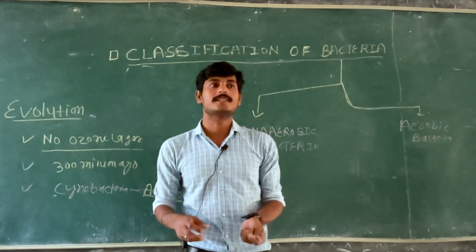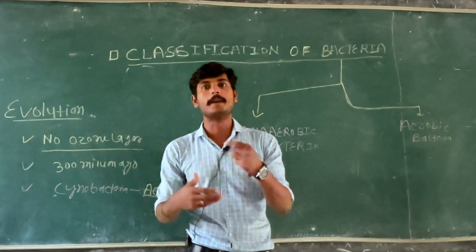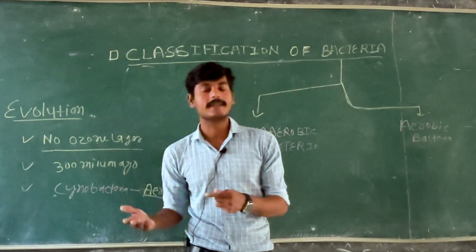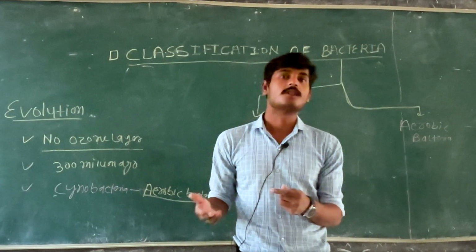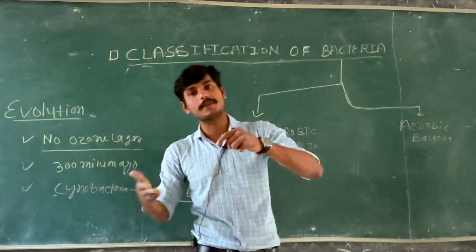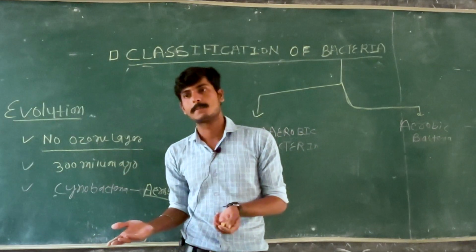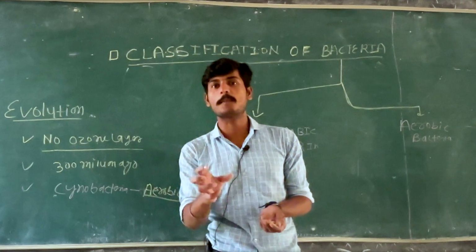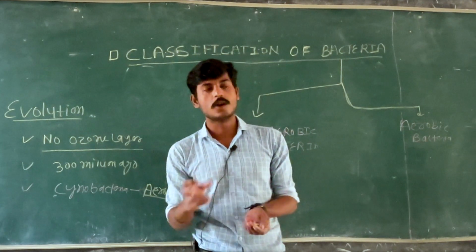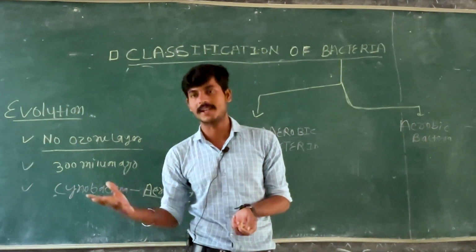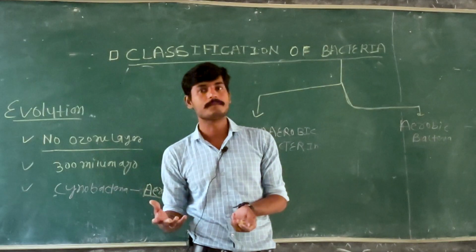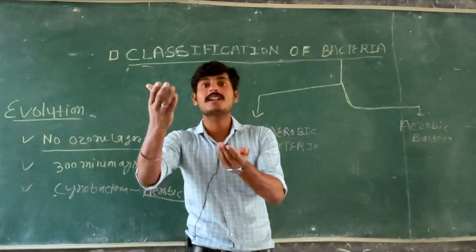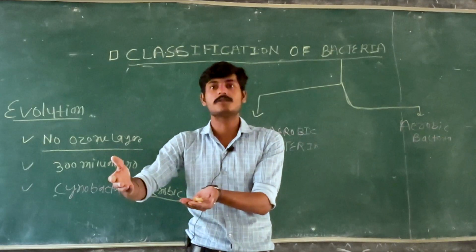Now that glucose is again going to break down, and the final thing which we obtain from glucose or any other metabolic substrate is ATP, which is basically your energy currency.